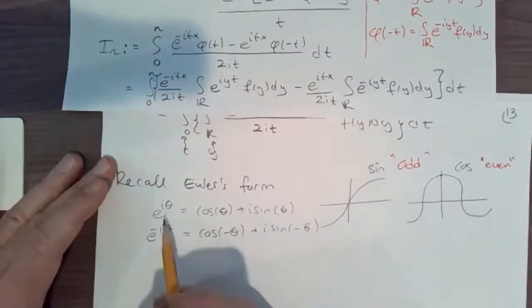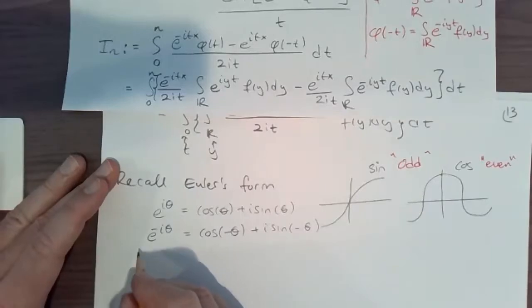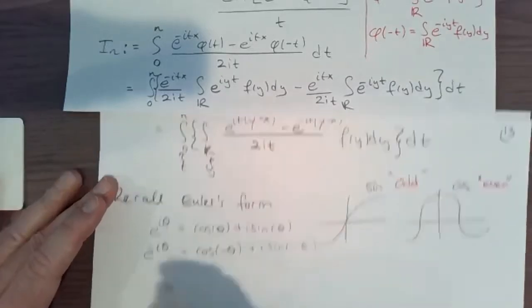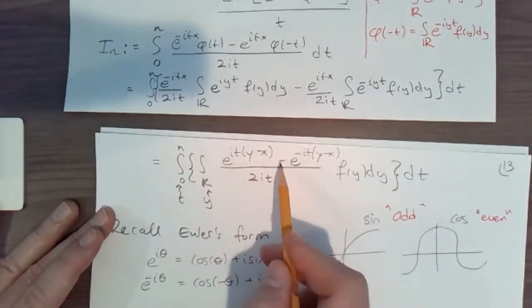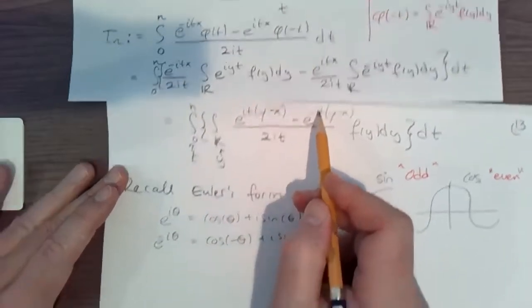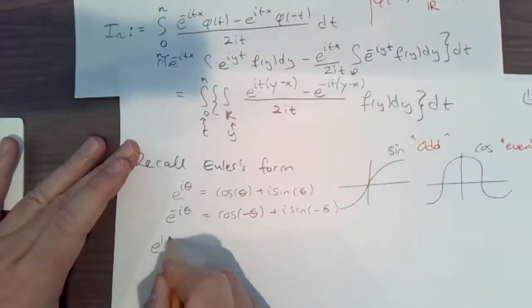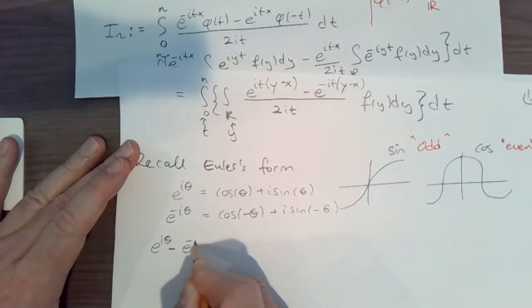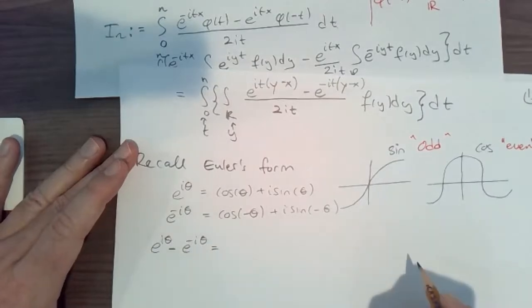So what do we see? If I take these two and subtract them, because this is what we have up here, right? I'm doing a subtraction, and the only difference between them is this minus sign. So I'm doing e^{iθ} minus e^{-iθ}. What would that give me?